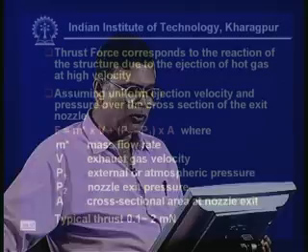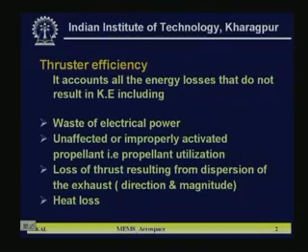In the earlier slide it is shown as 0.1 to 2 millinewton. So, now thrust efficiency is one of the important issues. It accounts for all the energy losses that do not result in kinetic energy, because the energy you are supplying must be transmitted to kinetic energy. If something is lost, then your efficiency will be lost.